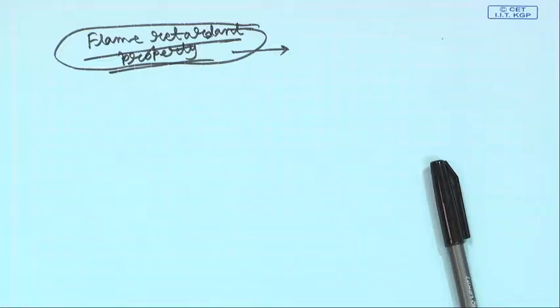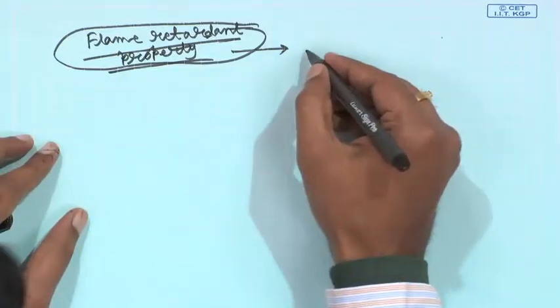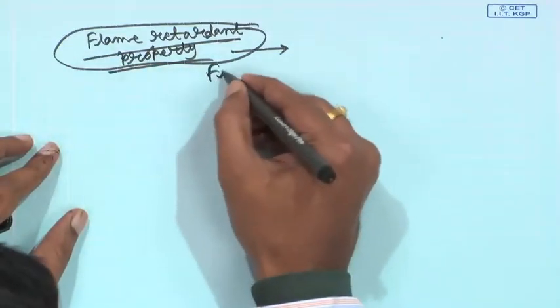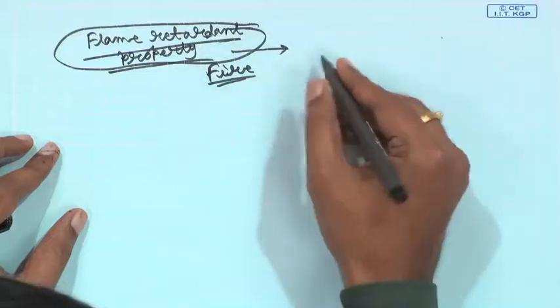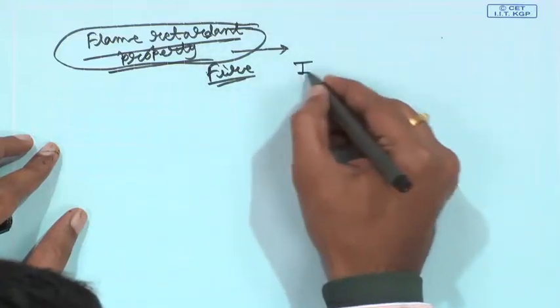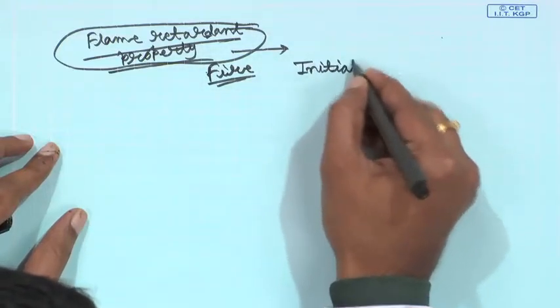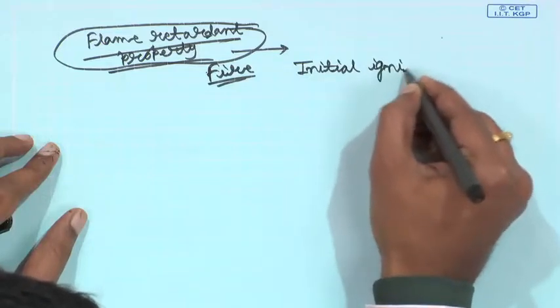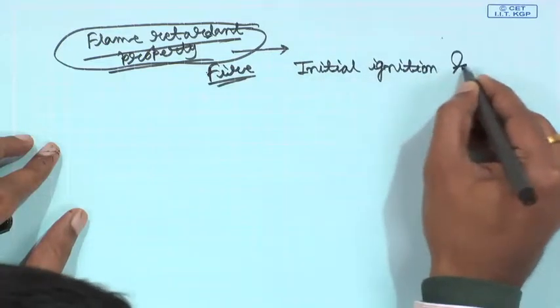Basically, when you are having a fire, typically you have an ignition source, an initial ignition source.